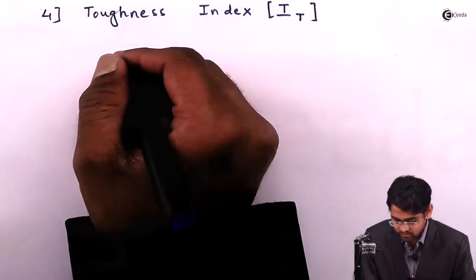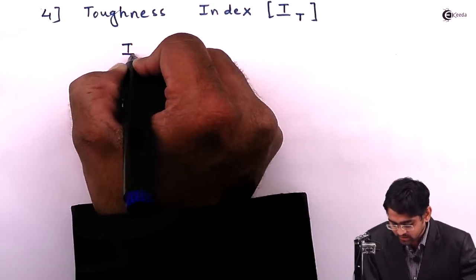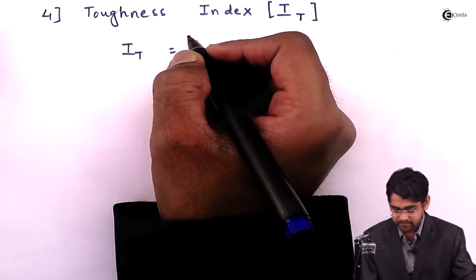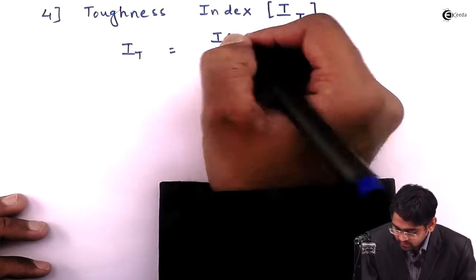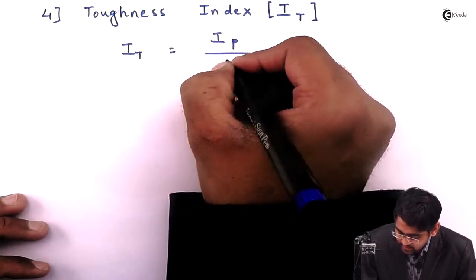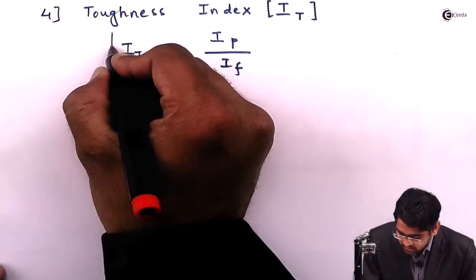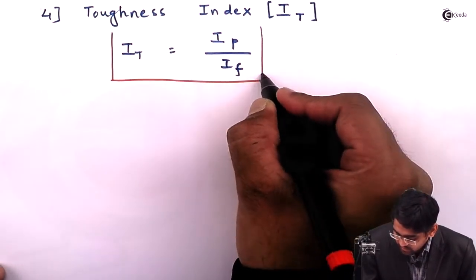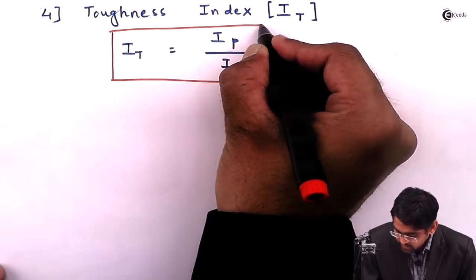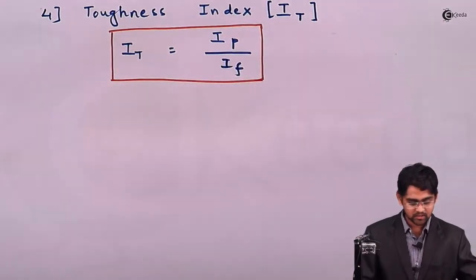So therefore the toughness index of a soil is the ratio of plasticity index to the flow index. Remember, which is very important. In many competitive examinations, only this definition is asked.